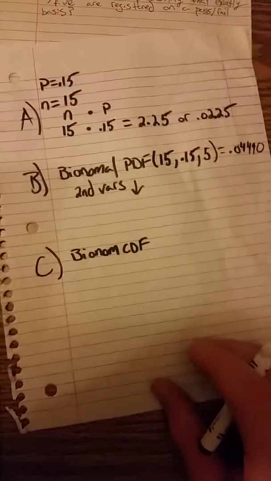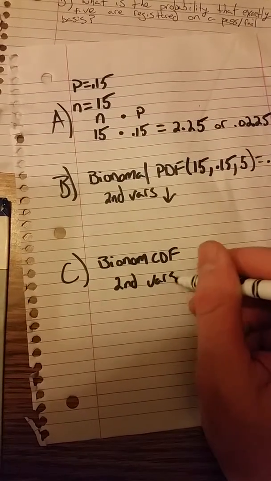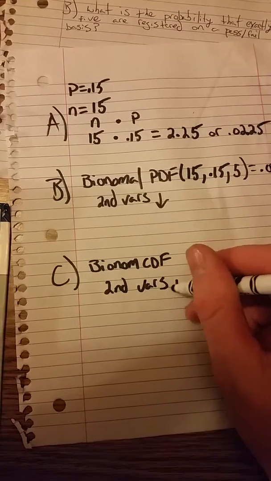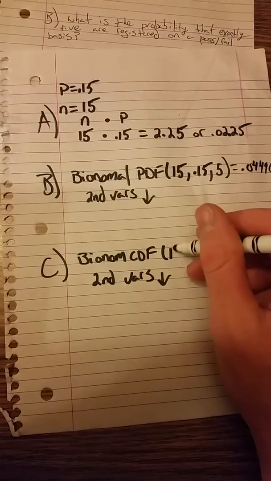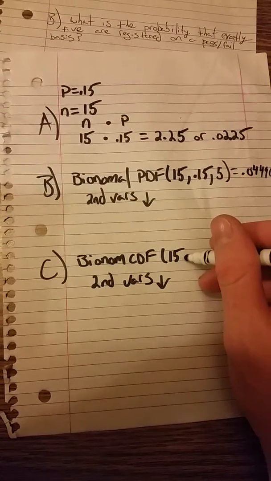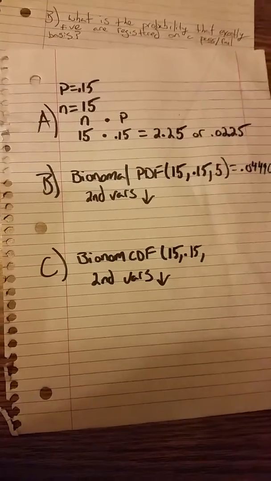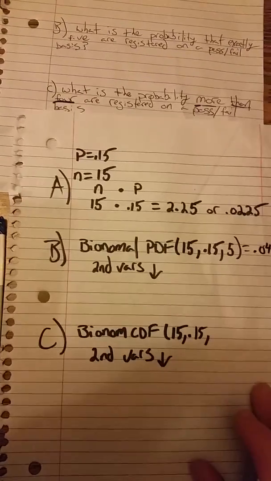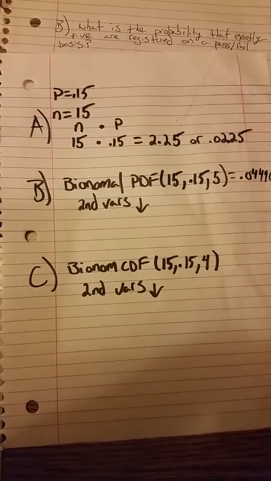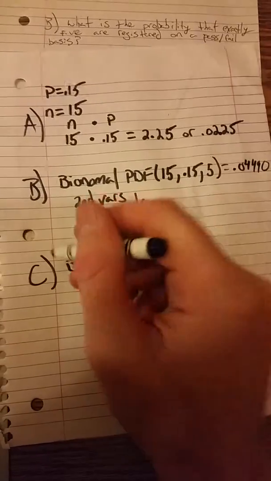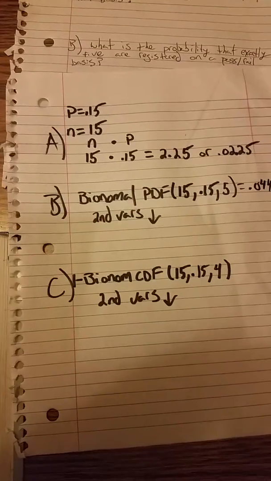So, in order to figure this out, we do the same thing, second vars in the calculator, scroll down until you see binomial CDF, and you simply plug in the sample size, probability is 15%. And since it says 4 or more, we're going to include 4. Now by doing this, you have to make sure you subtract it by 100% or 1.0.